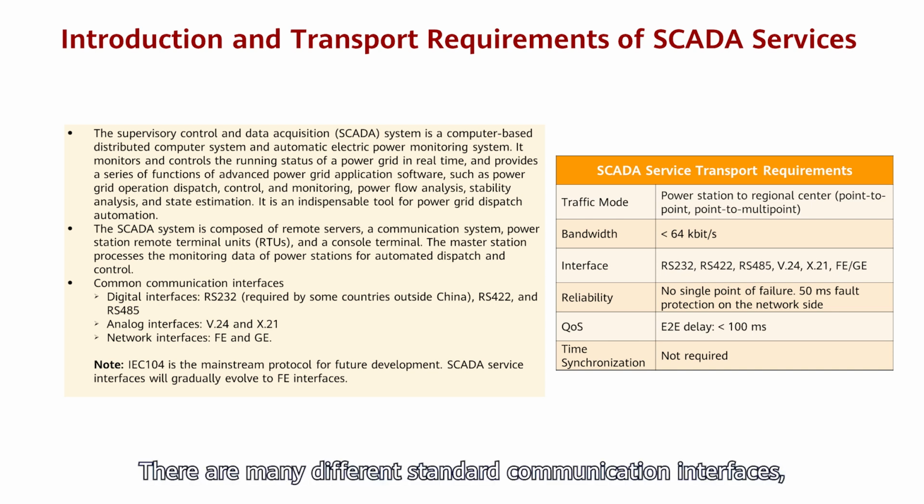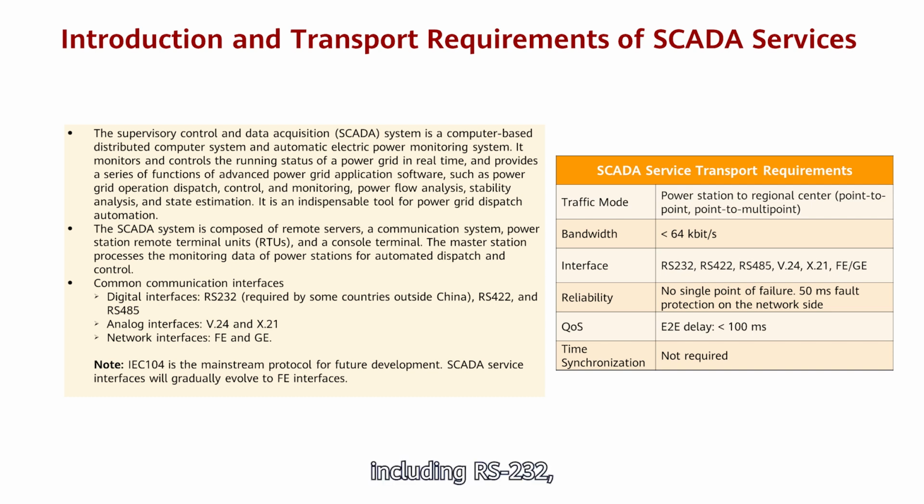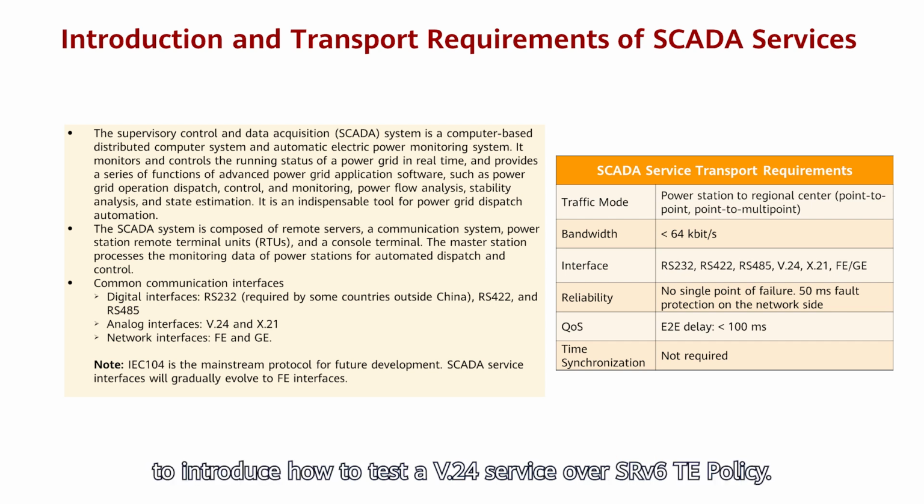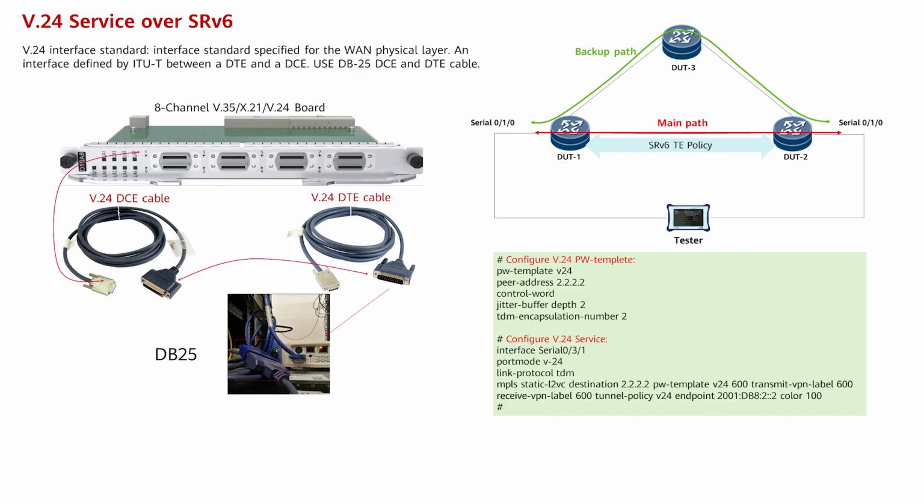There are many different standard communication interfaces, including RS-232, RS-485, V.24, and X21, involved in a SCADA system. We will use V.24 as an example to introduce how to test a V.24 service over SRv6 policy.